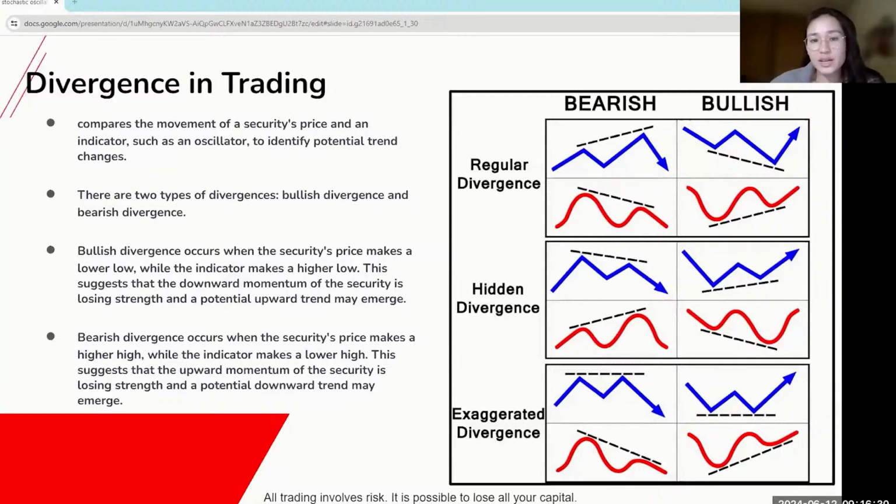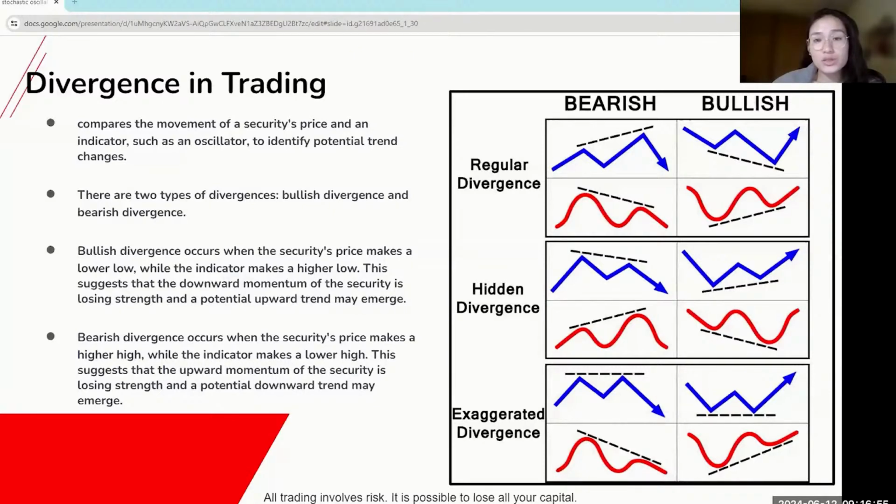So this suggests that the downward momentum of the security is losing strength and a potential upward trend may emerge. Bearish divergence, on the other hand, occurs when the security's price makes a higher high. So this suggests that the upward momentum of the security is losing strength and a potential downward trend may emerge.